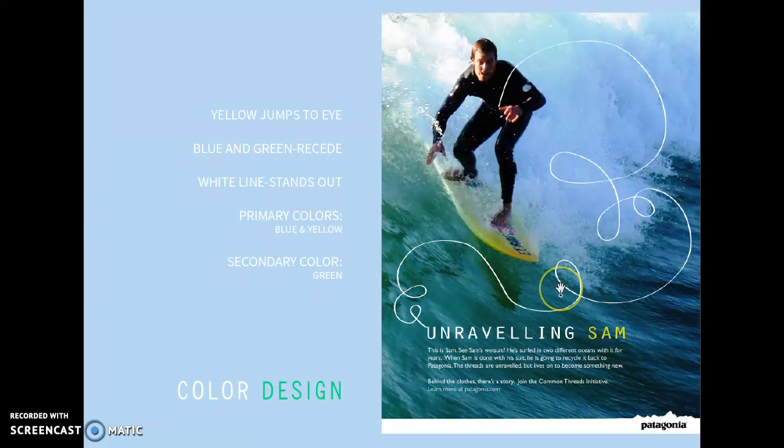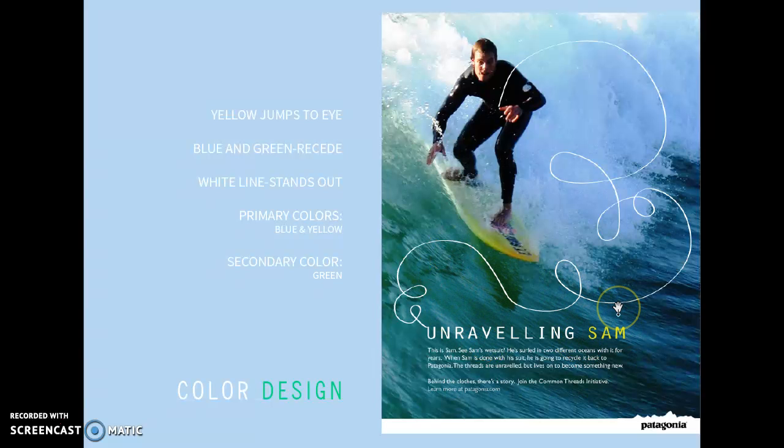Let's talk about the color a little bit. The very first thing that you notice is the yellow that jumps to the eye. And also the yellow Sam matches the yellow board, and all of that shows that there's a relationship. There's this blue ocean that turns into a green ocean water.